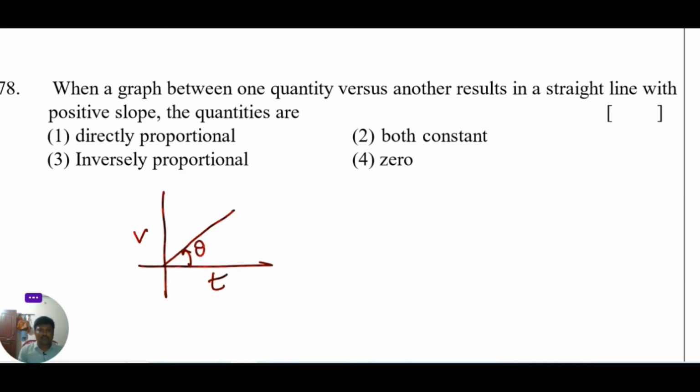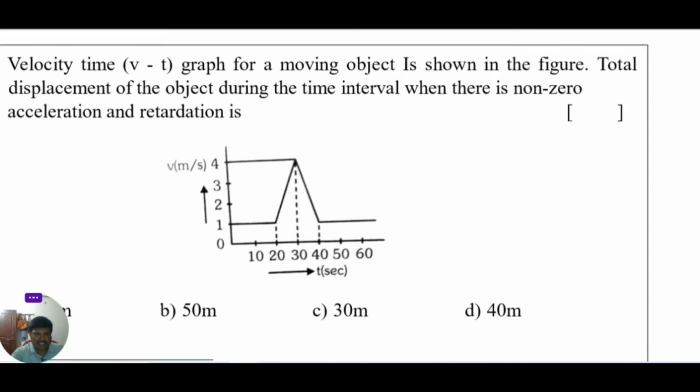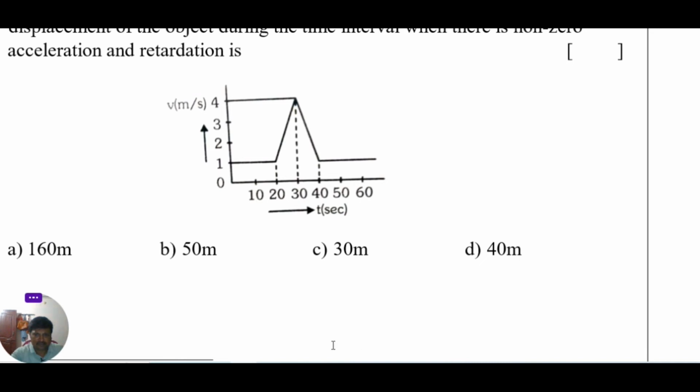So this is a positive slope. Here velocity is directly proportional to time. That means with time the velocity is increasing. So when a graph between one quantity and another results in a straight line with a positive slope, those two quantities are directly proportional to each other. So option 1 is the right answer. Next, go to the 79th question.